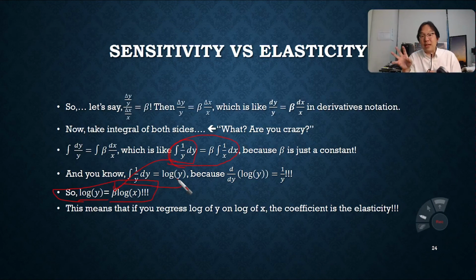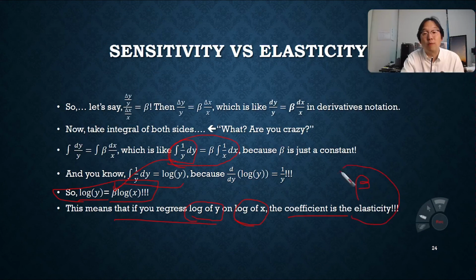On your right-hand side, you have beta times the whole integral, the ugly term, which is nothing but log of x. Then this means that if you regress log of y on log of x, the coefficient should be beta, which is the elasticity that we talked about before.